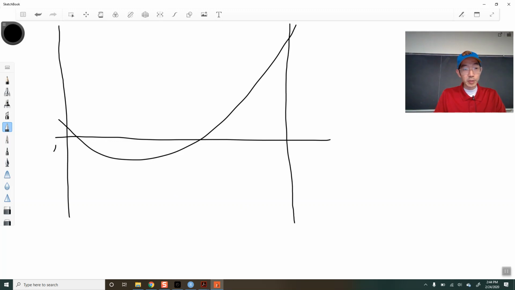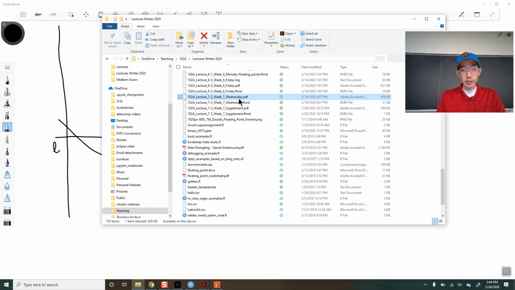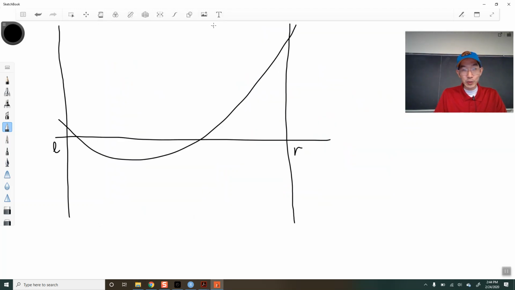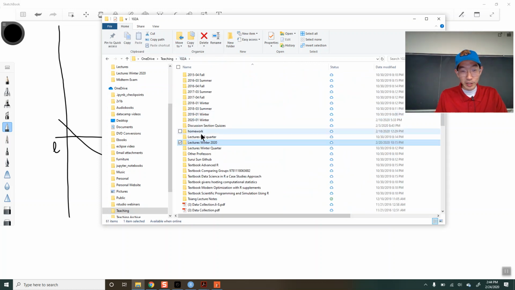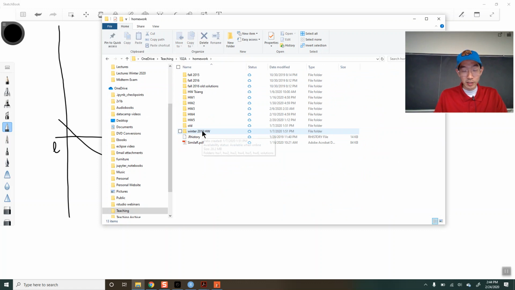So here we're going to say this is the left bound, this is the right bound, and we basically have two values in the middle here. One of these is A and one of these is B, and I just want to be consistent in how I gave you your homework.